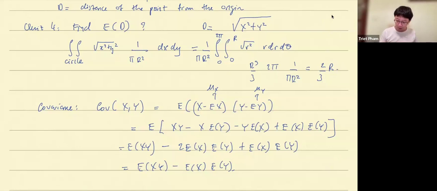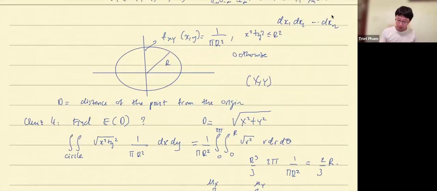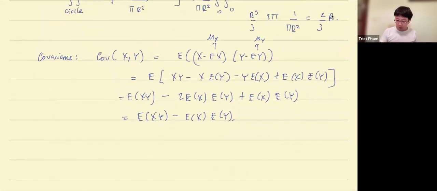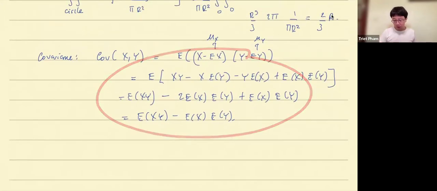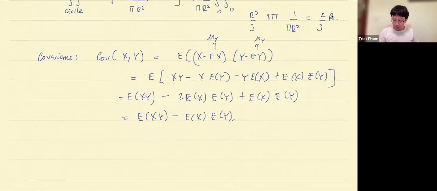I'm trying to see if with this circle it's easy or hard. Because if I'm not careful, the integration may not be that nice. So let's maybe reserve this for some other time. But in principle, this can be done for any distribution, because this is just the expectation of a function of random variables.